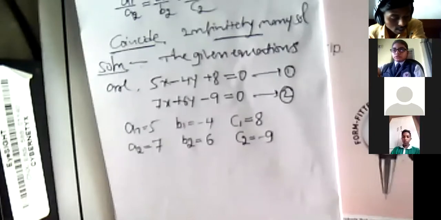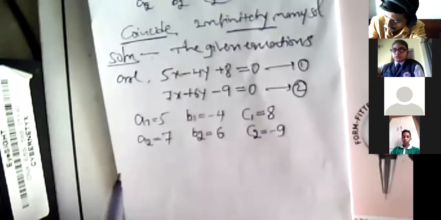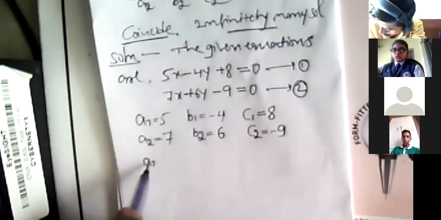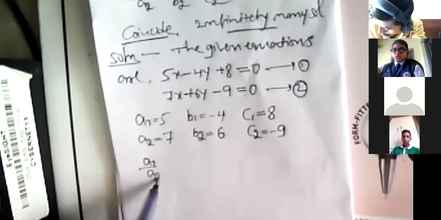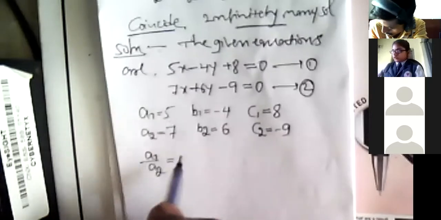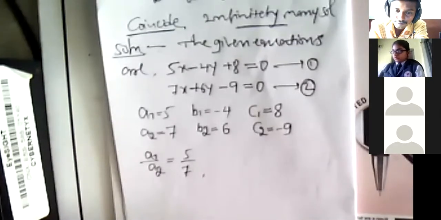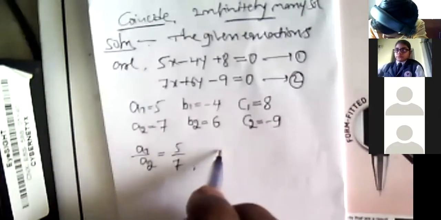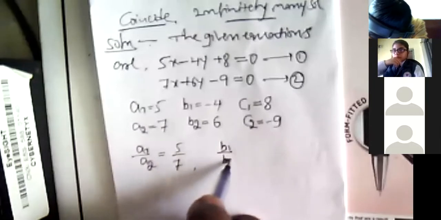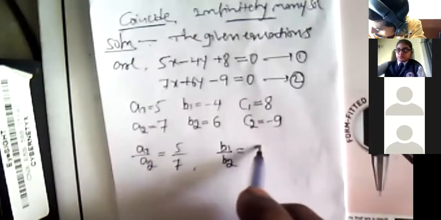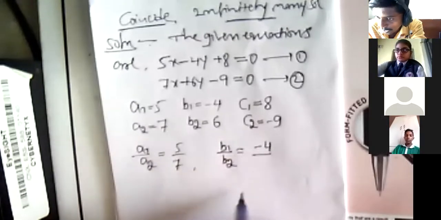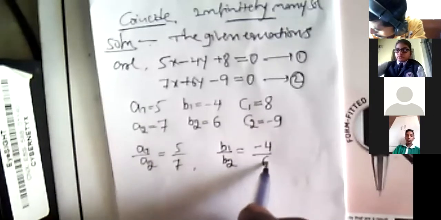Now they are asking on comparing the ratios. A1 by A2 is equal to 5 divided by 7. B1 by B2 is minus 4 by 6.